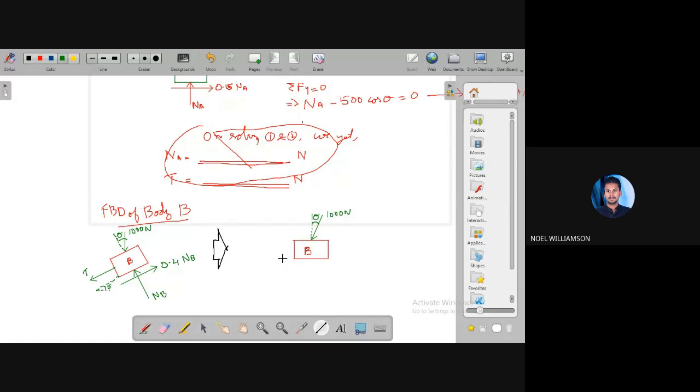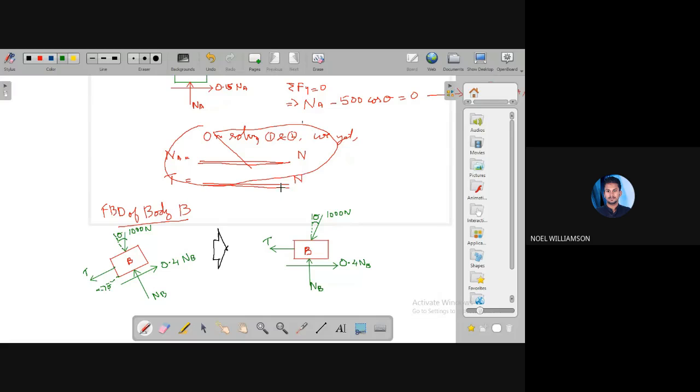Now the tension T, then the normal reaction NB, and the frictional force that is mu into NB, that is 0.4 into NB. So this is the free body diagram.